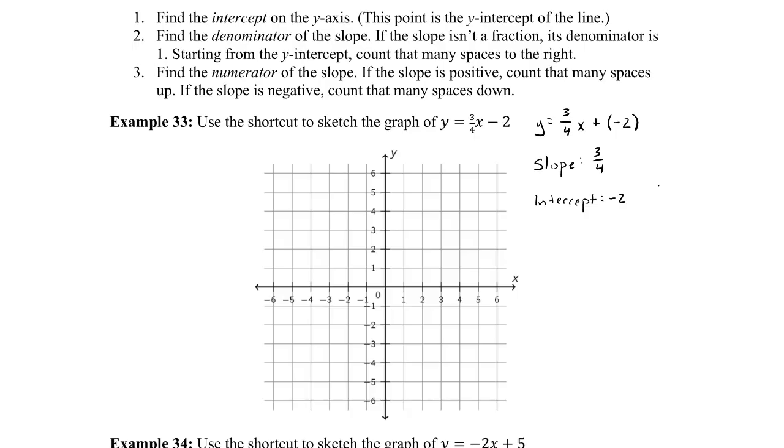First, we'll go to the y-axis and find the intercept. Then, our slope is 3/4. The denominator is 4, so we're going to go 4 units to the right. So 1, 2, 3, 4.